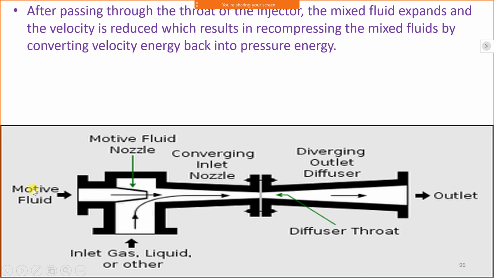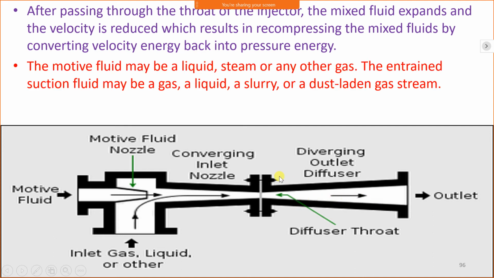When the motive fluid and the fluid which is to be supplied mix in the throat, and pass through the diverging part, again kinetic energy gets converted into pressure energy. The motive fluid may be liquid or steam or any other gas. The entrained suction fluid may be gas, liquid or slurry, or dust-laden gas.